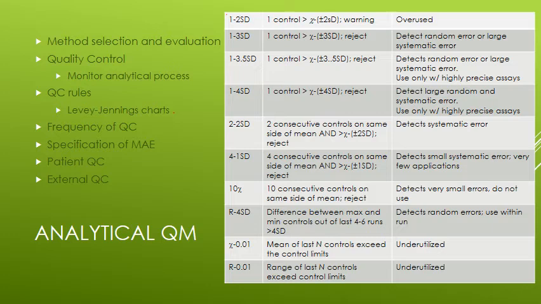And then also there's the requirement, just to also mention, if you have multiple analyzers, or you do the procedure in more than one place. The best example is analyzers. So if you have an Architect chemistry machine in the general lab, but you also have one in a stat lab and also at some satellite site, you have to actually perform QC to ensure that all three of them are running within acceptable ranges.